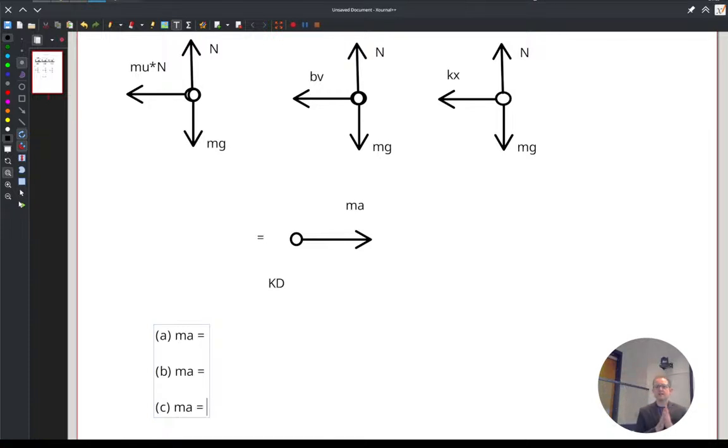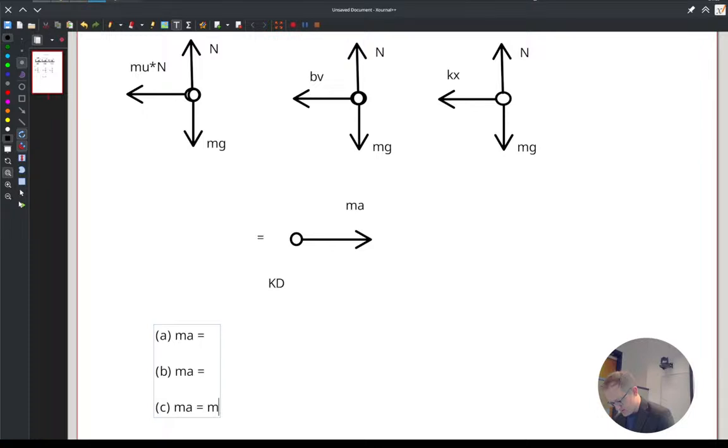All right, so we're trying to come up with three different differential equations. Because in general, we're always going to come up with some kind of second order differential equation where m times d squared x over dt squared is whatever forces are applied. So this is our next step.